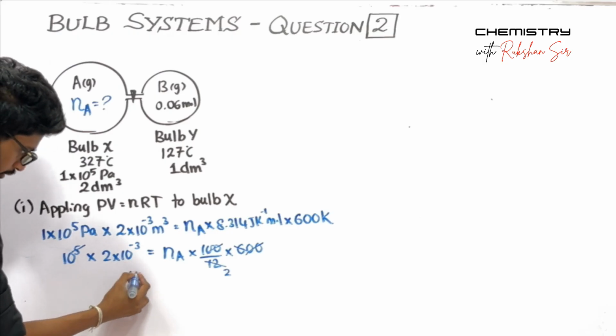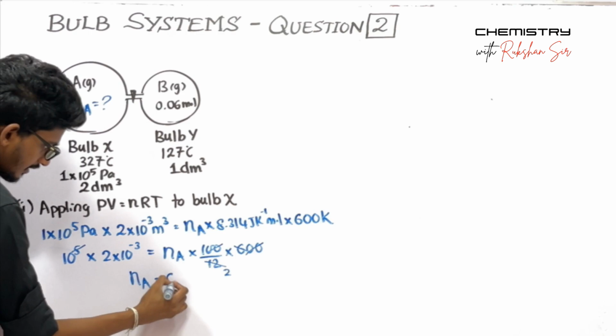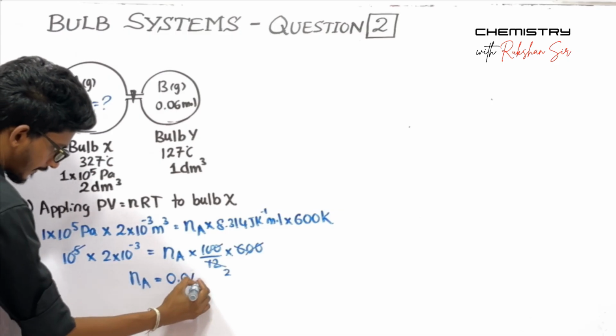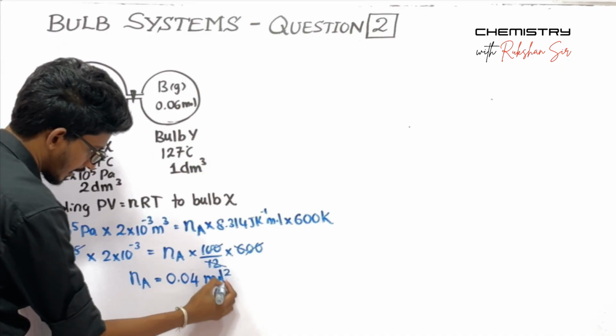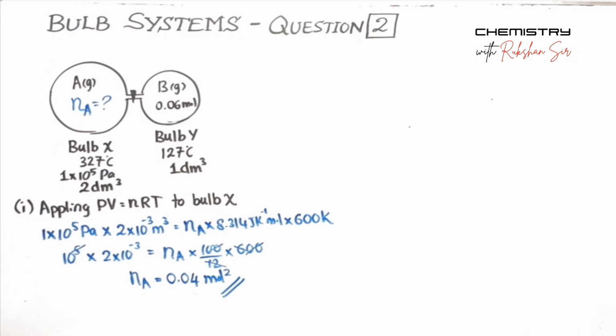So the number of moles of A is 4 into 10 to the power minus 2, that is 0.04. So that is the answer for Roman number 1. Clear?